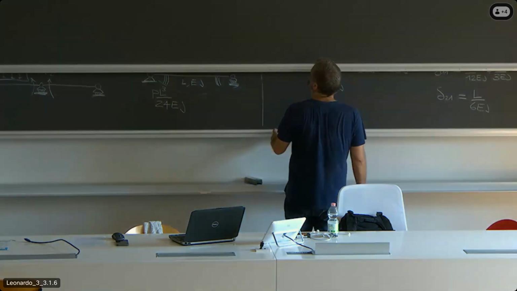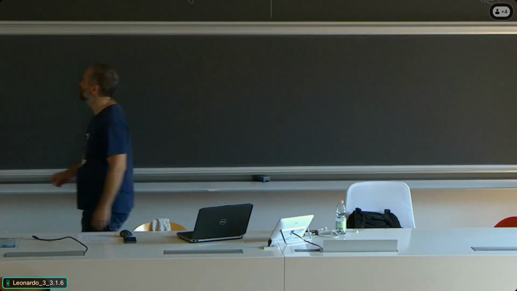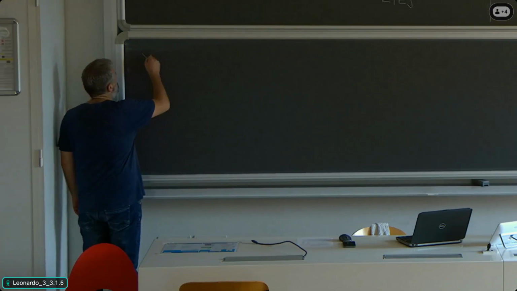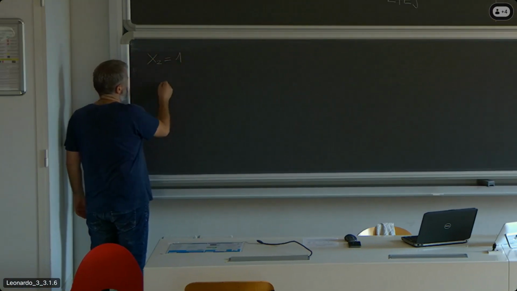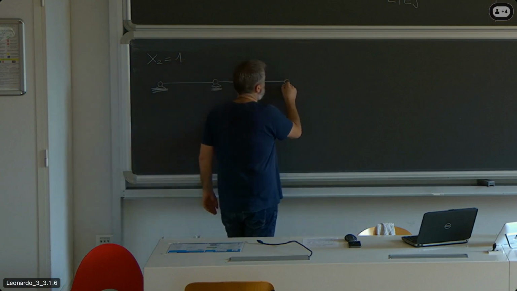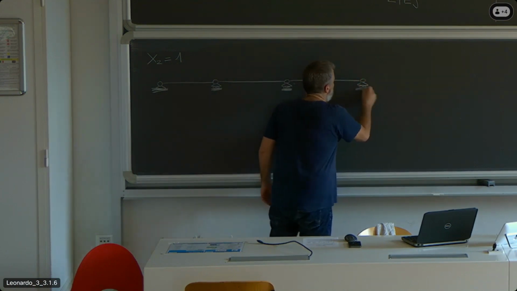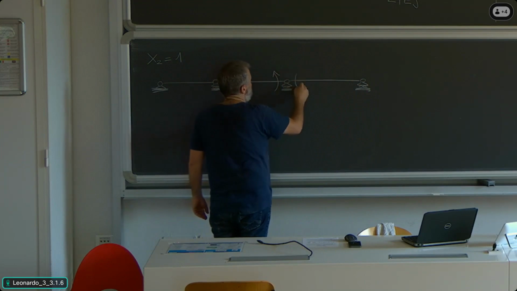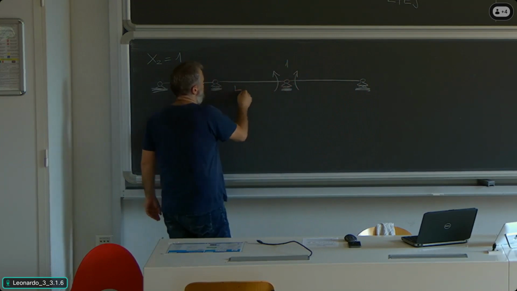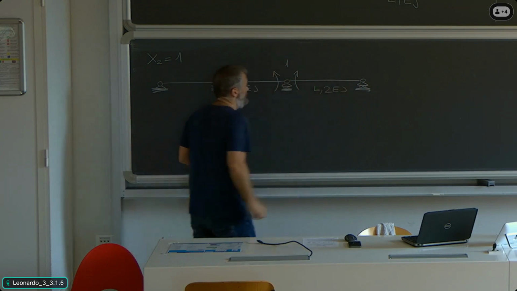Now, second task is x2 equal to 1. In this case, the bending moment is applied here. 1, this is L, this is EJ, this is L, this is 2 EJ.